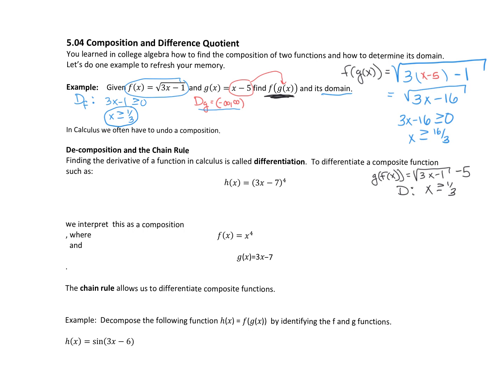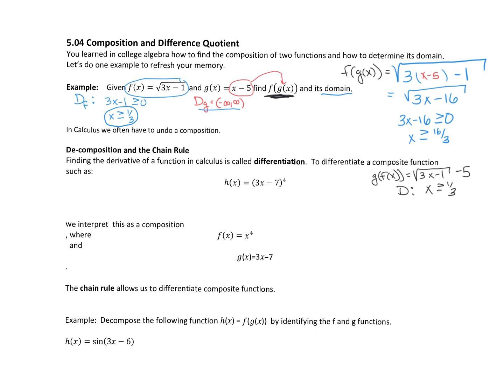So what we do in calculus is we want to be able to look at a function and identify that it's a composition of other functions. In this particular case, we have h of x is (3x minus 7) raised to the 4th.